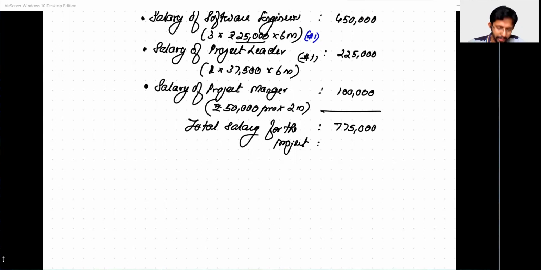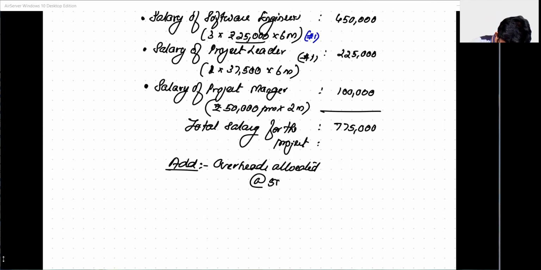So you have to add overheads allocated at 50%. So that is how much? It will be 7,75,000 into 50%. That is 3,87,500.